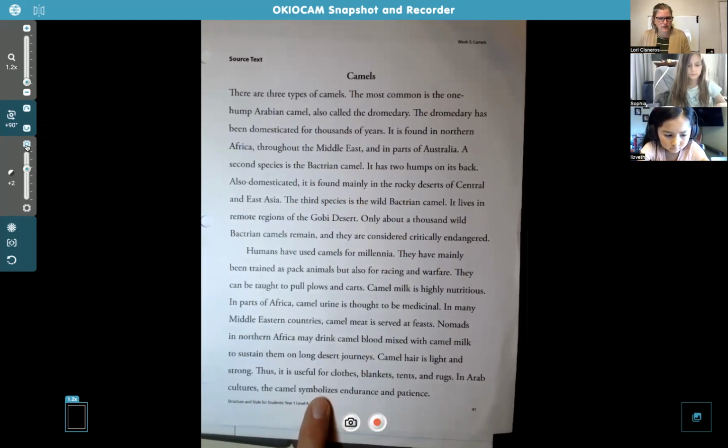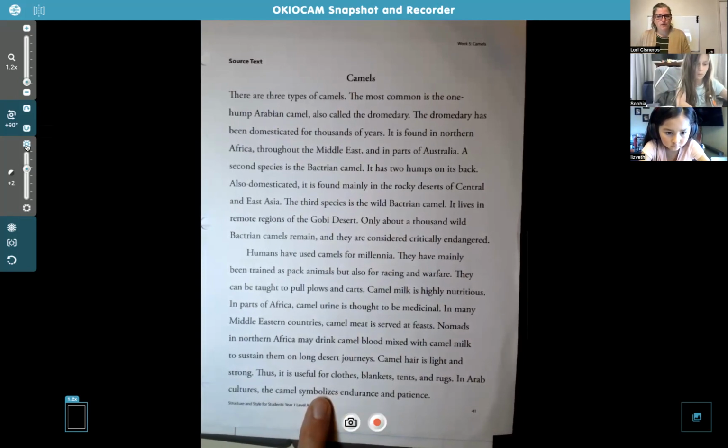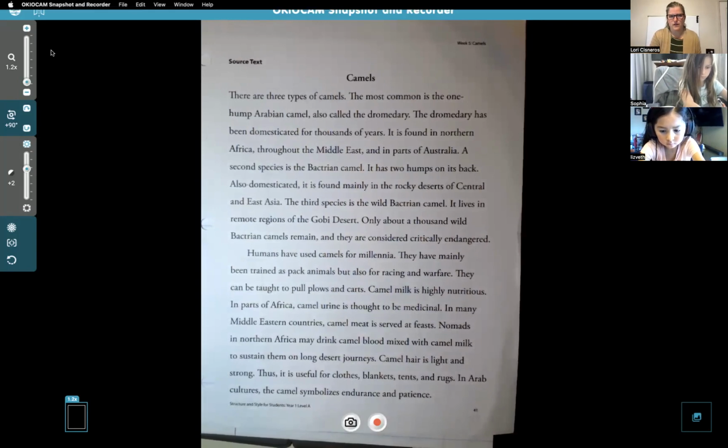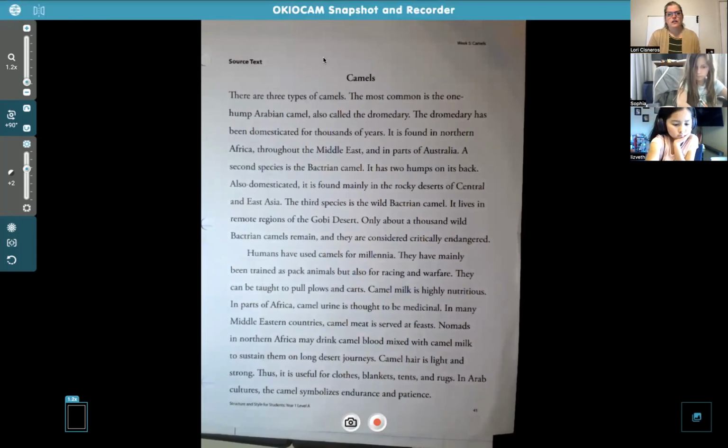So the camel is a symbol for the people for endurance. And that just means having a lot of strength and not giving up. Let's say you run a big race, like people who do marathons, and they get so tired, but they don't stop. They keep going because they want to finish the race. That means endurance. Okay. All right.